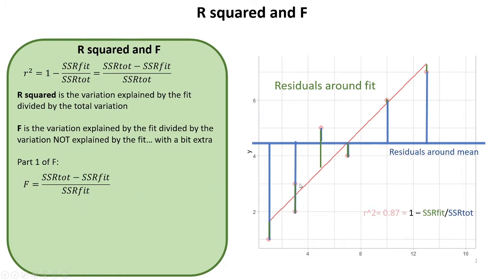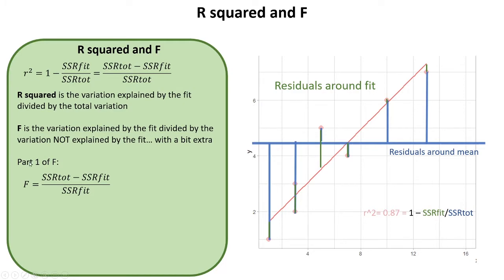And the residuals in the fit are exactly this, the variation that's not explained by the fit. The green lines here away from the red line, that's the distance each of these points is away from the fit, and that is another way of saying the variation not explained by the fit. Because if all the variation was explained by the fit, all of these points would be directly on the line.